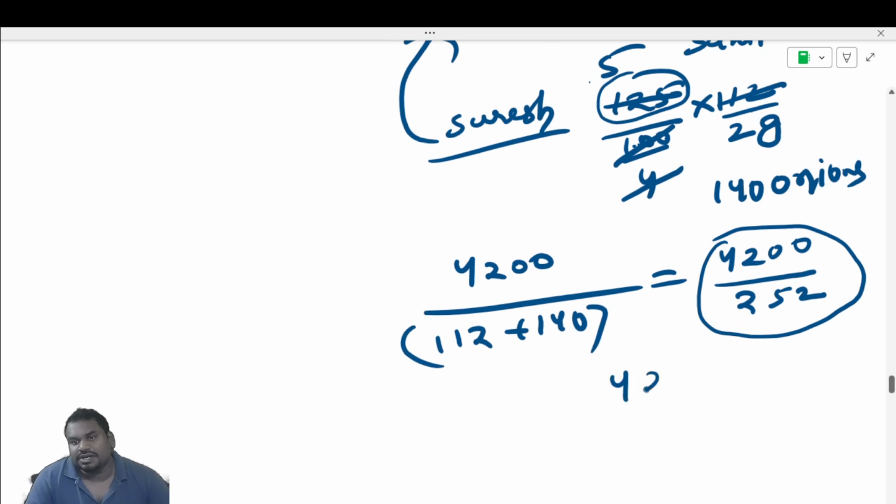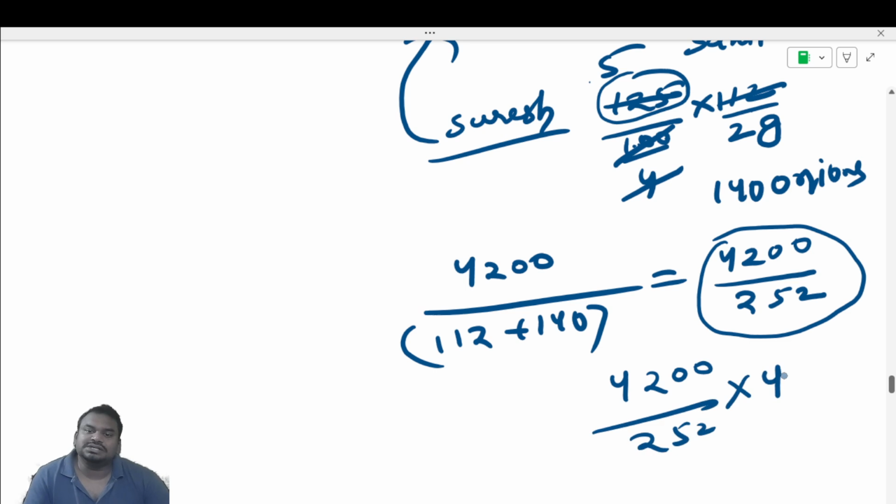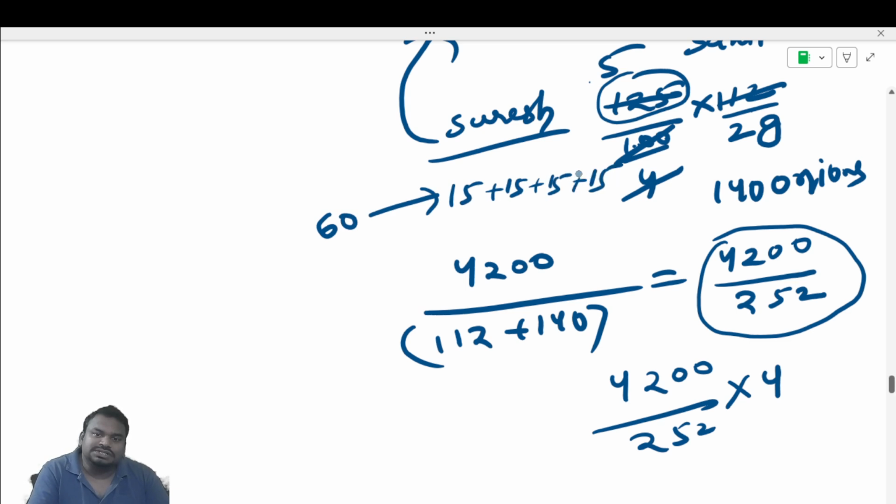So if I multiply it with 4, then you will get the answer in hours. Why 4? See, in an hour, how many 15 minutes will be there? 15 plus 15 plus 15 plus 15. So 4 combinations, right? So for 60 minutes, four 15s should be added.